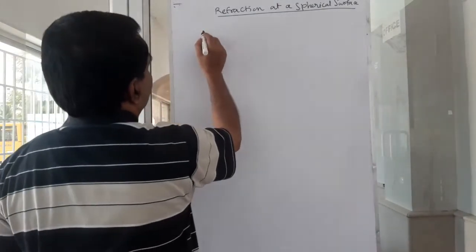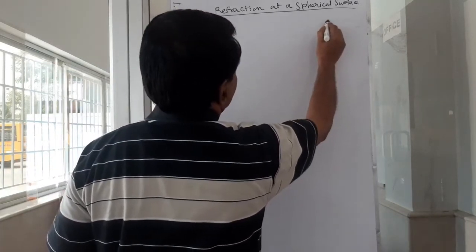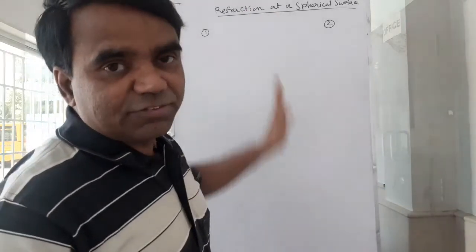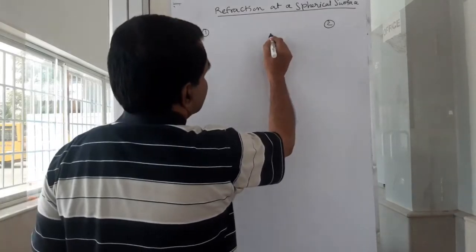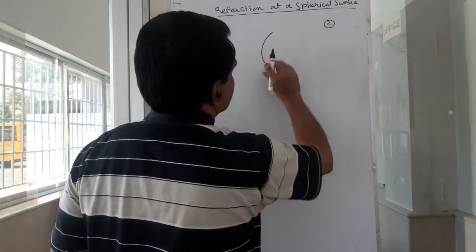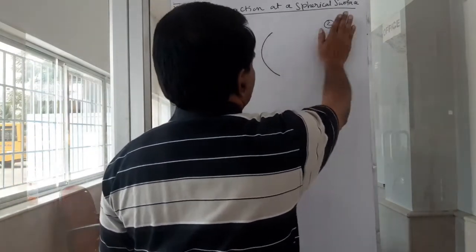Okay, so this is medium 1 and this is medium 2. Now there is an interface between them. But this time the interface is not a plane surface but a spherical surface. Like that.